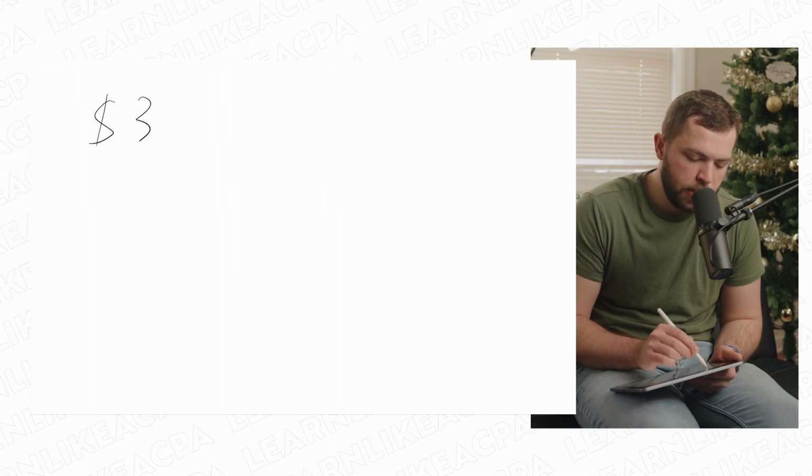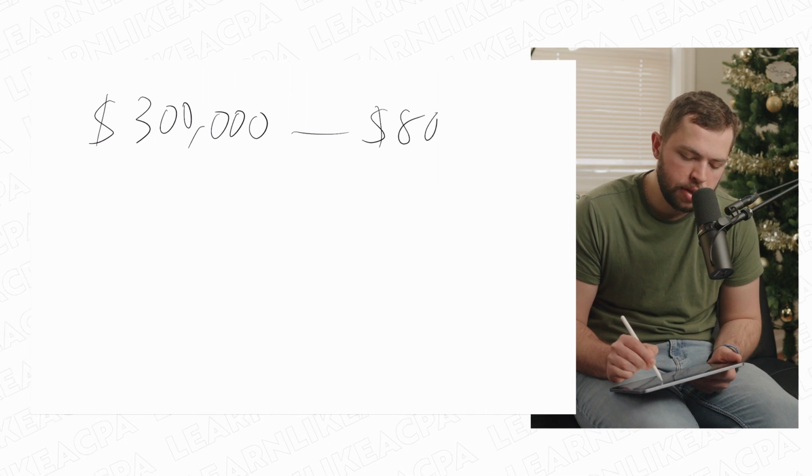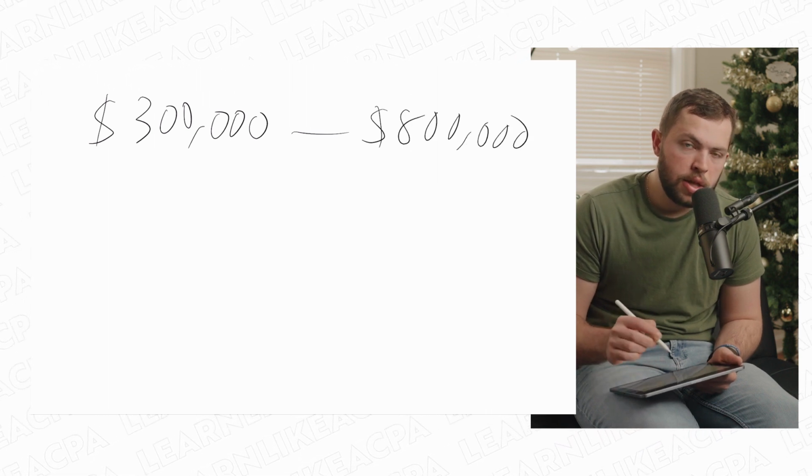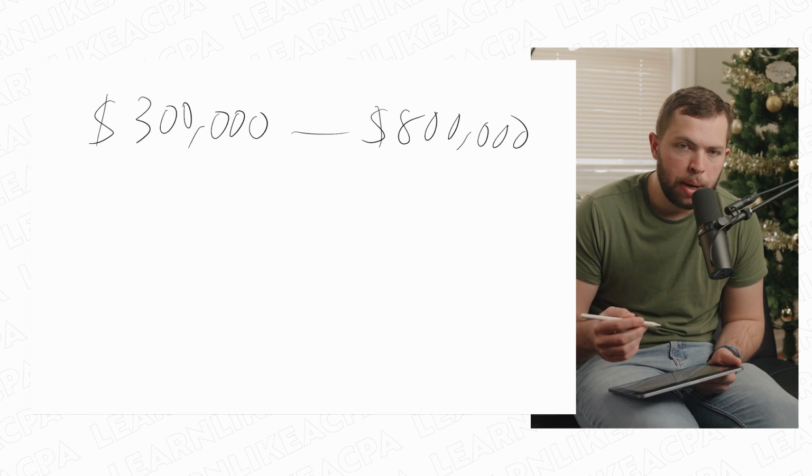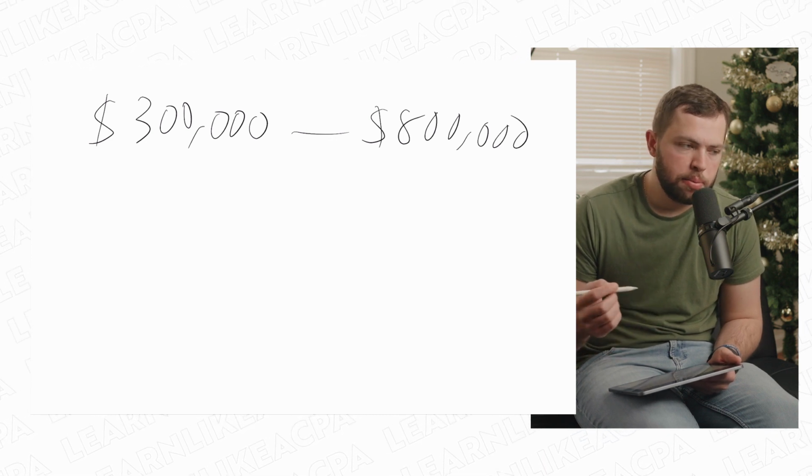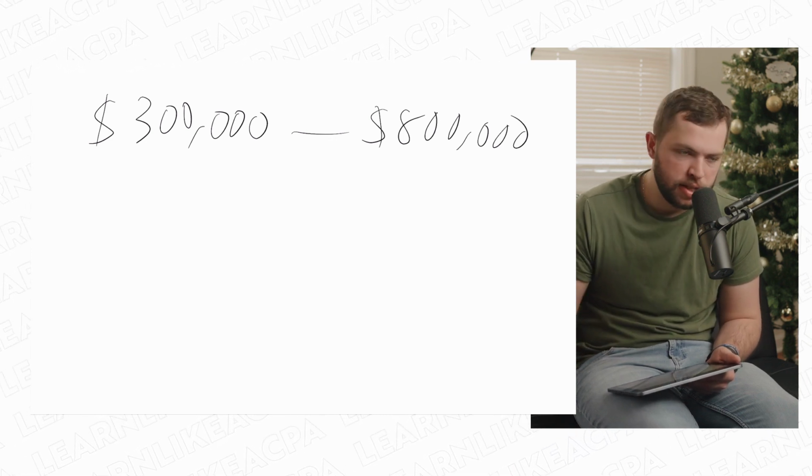Another factor to consider would be mortgage rates. If we go back to the short-term rental example where we purchased for $300,000 and now it's worth $800,000, the mortgage rate on the original property, bought in 2018, 2019, was probably something like 3.5, maybe let's say 4%.